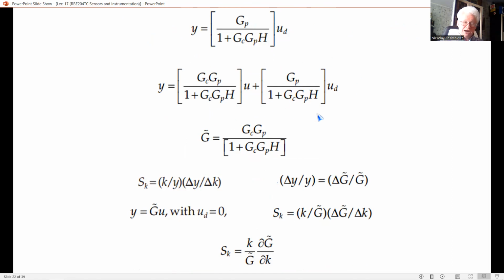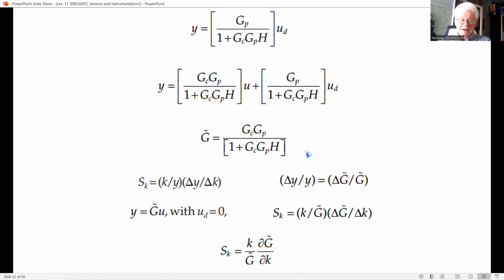The closed loop transfer function G tilde is given by Y over U with UD equals 0, and thus let's get this very nice loop expression.